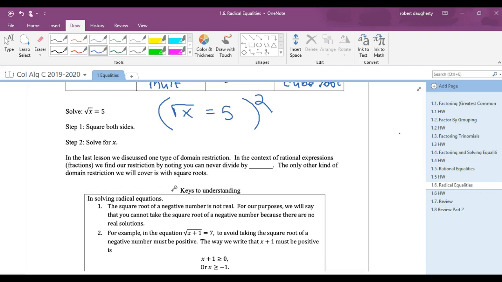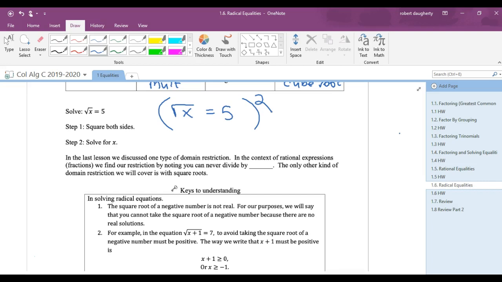These operations are opposites of each other. Like take 25. What happens if you take the square root of 25? What do you get? 5. Okay, square root of 25 is 5. What happens when you square 5? You get 25. These operations take you back and forth to the same destination.